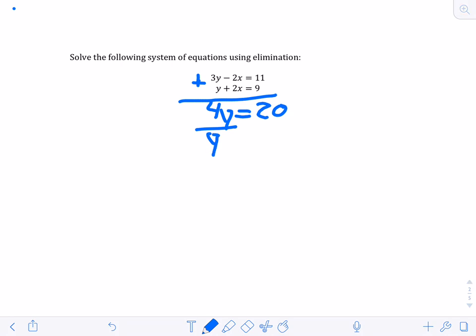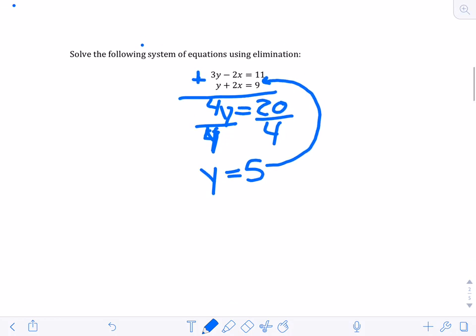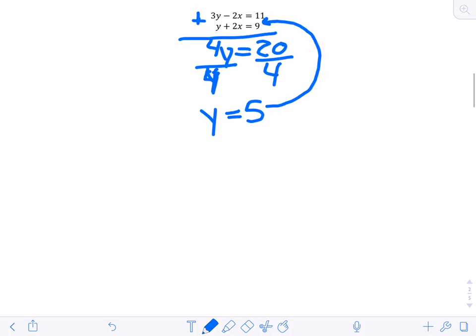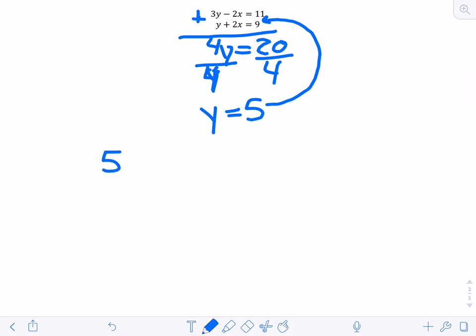Now we solve for y. We divide by 4 on both sides, and we get y is equal to 5. Just like we did before, we can substitute our solution for y back into one of the equations. I'm going to pick the second one. So this is going to give me 5 plus 2x is equal to 9.